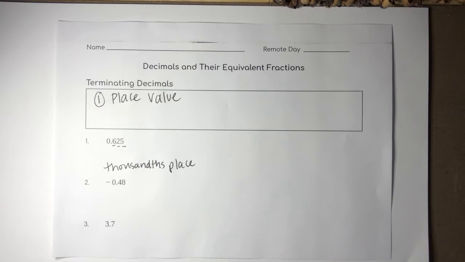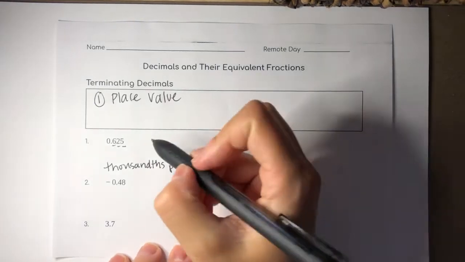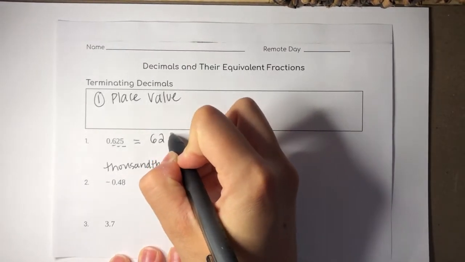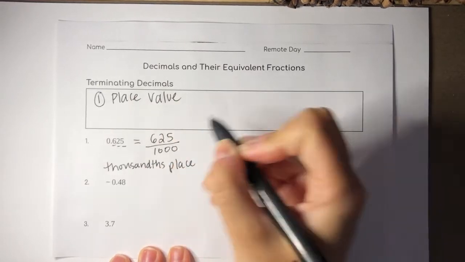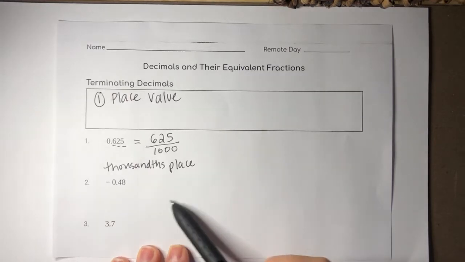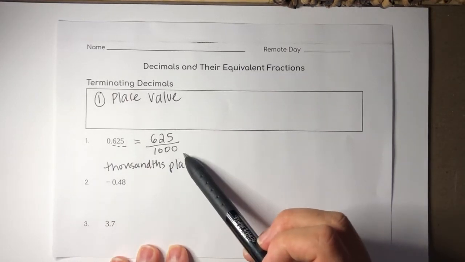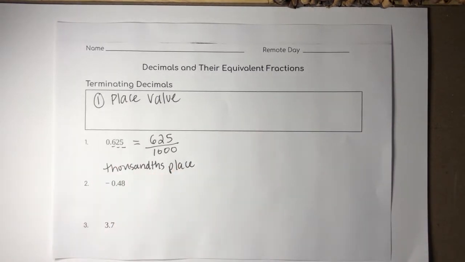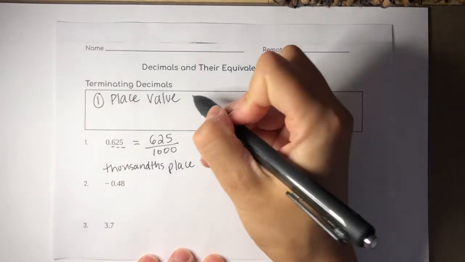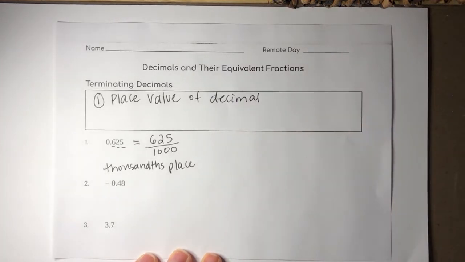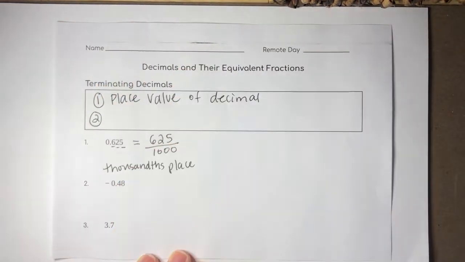So that's going to tell us the denominator of the fraction. So I have 625 thousandths. The top of my fraction comes from what is written after the decimal, and the bottom comes from that place value I was in. So to turn a decimal into its fraction, I need to know the place value of the decimal, and then that place value becomes the denominator.